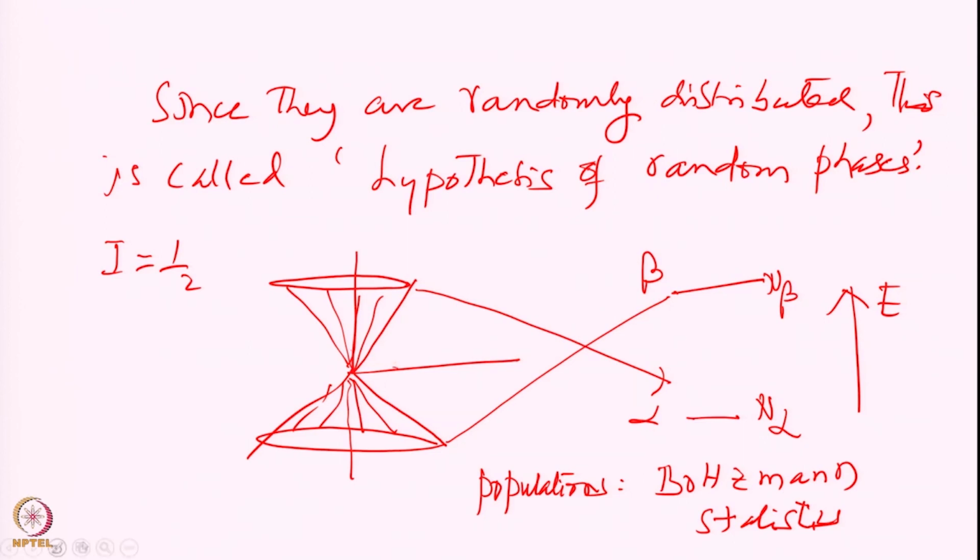So if I draw this phase here, they are anywhere present in the xy plane. So for every one orientation there is a corresponding opposite orientation, therefore they will all cancel. So there will be no xy component of the magnetization from either the alpha state or the beta state. Now what about the z component?